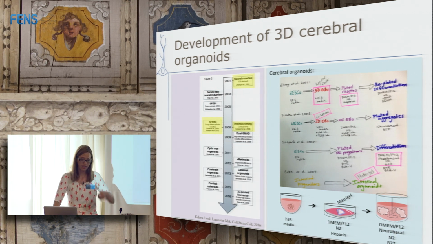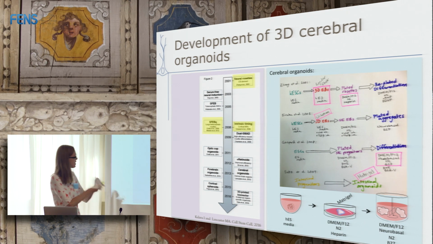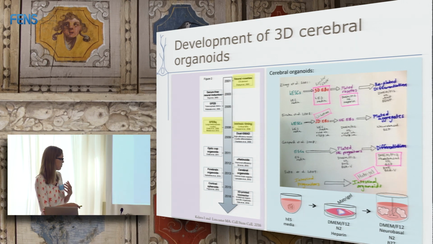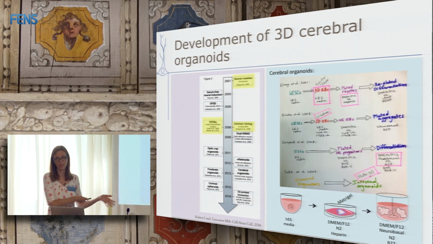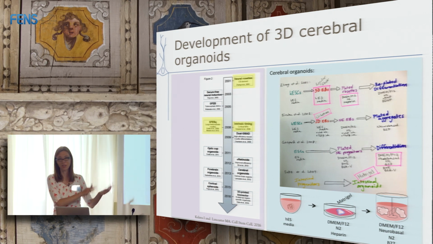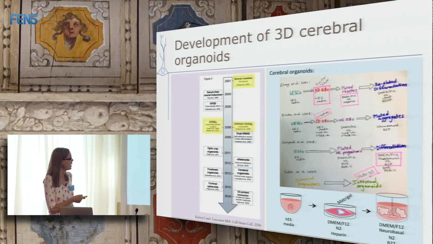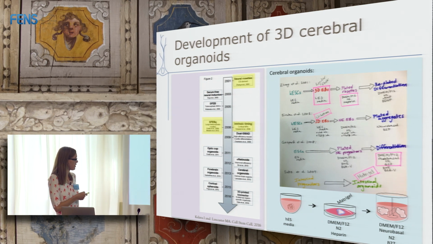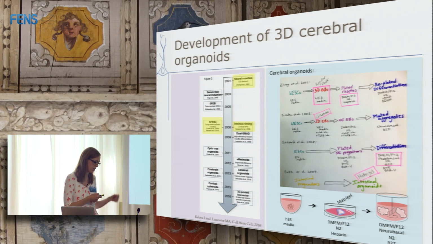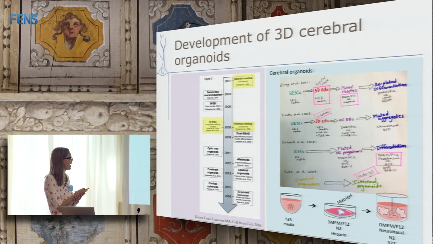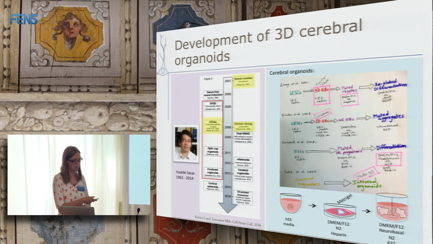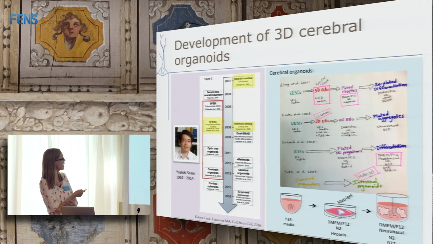So now, of course, the field continues, and we wrote this in 2016, and it's been 2 years, and there's been many, many more, so I don't think I could even list them all. But I think the credit for a lot of this foundational work definitely does go to Yoshiki Sasai, and I actually have his picture up here because I think he deserves a lot of credit.